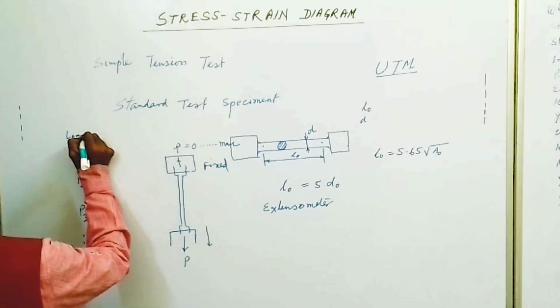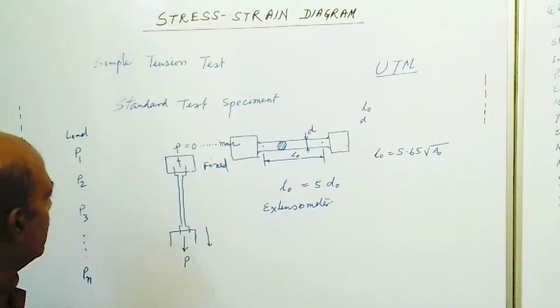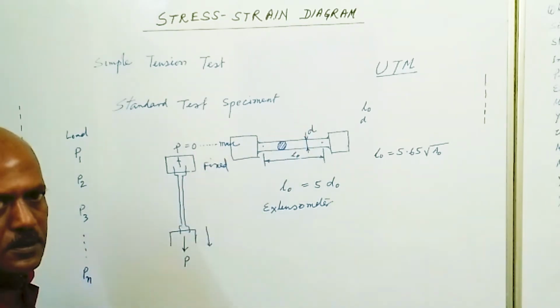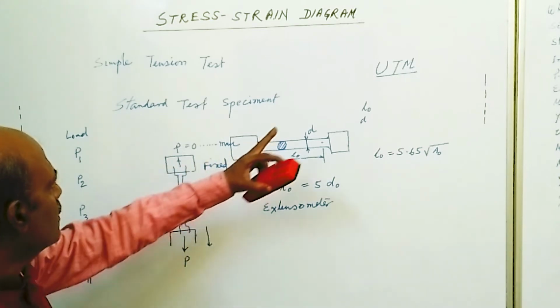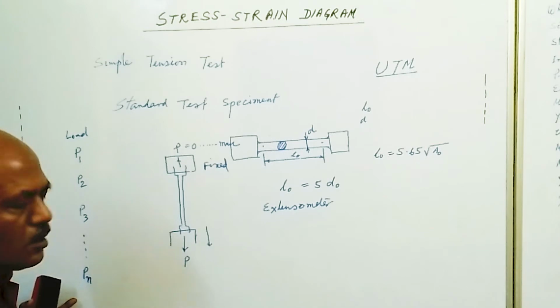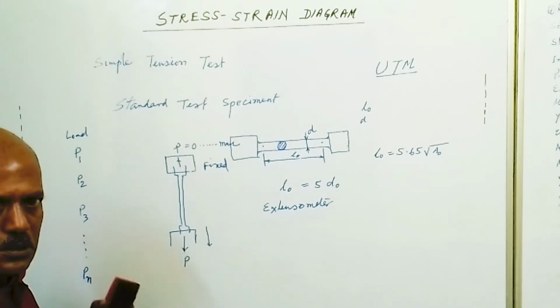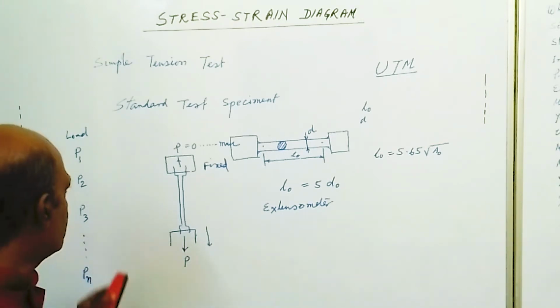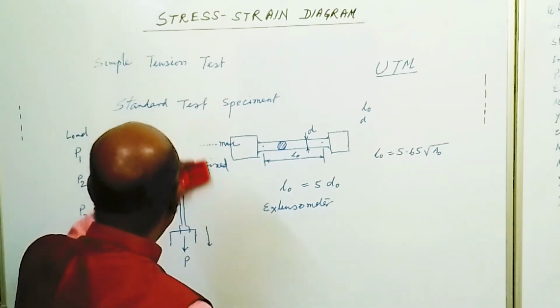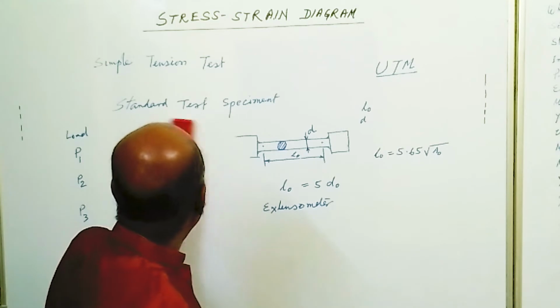This is the load applied over the specimen, noted from the gauge installed on this machine. So we have noted P1, P2, P3 up to Pn values, n number of points. With the help of the extensometer we have also measured the extension.